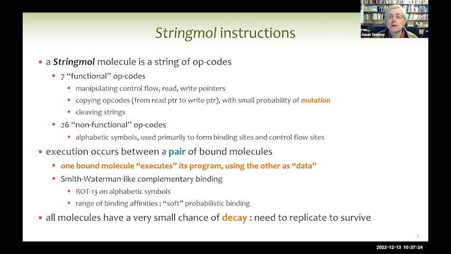And so the strings can also evolve the probability of binding with each other, as well as evolve what they execute. We also provide a small chance of decay for every string. So in other words, these strings, in order to survive, need to replicate, and that's the evolutionary pressure on the system. So just thinking of that, we have a load of strings, they bind to each other and they execute, and that's mostly what happens.